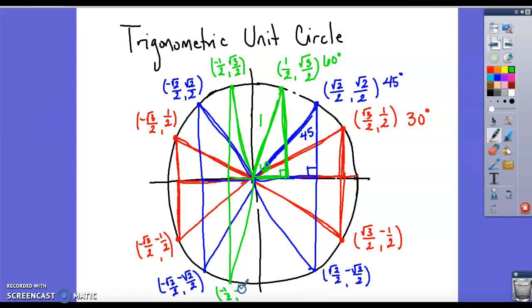Okay, x value is negative, y value is positive. All right, so those are our points of the unit circle.